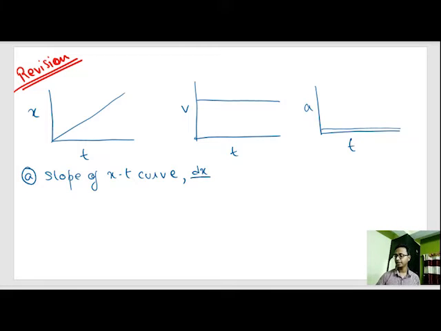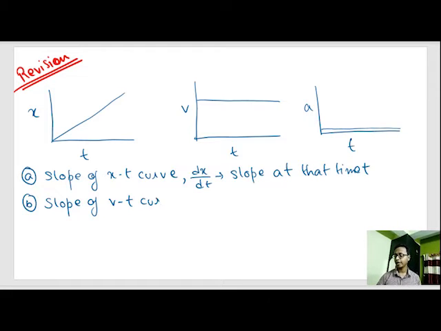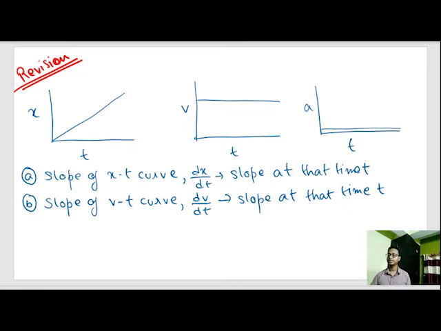Similarly, the slope of the VT curve at time t is equal to the acceleration at time t, or dv by dt, the slope at that time t where the slope is taken.